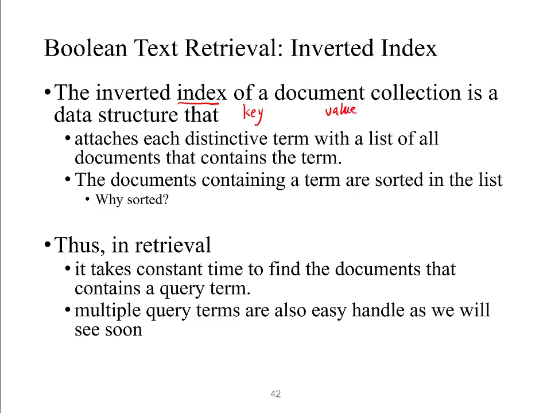Look familiar, because we have key and value again. We will discuss how to use MapReduce to construct the inverted index. So the key would be the term, and the value is a list of all documents that contain the term. And the documents containing a term are sorted in the list.